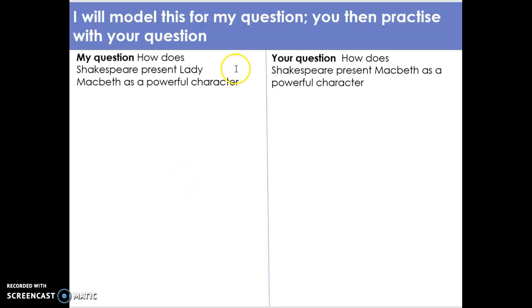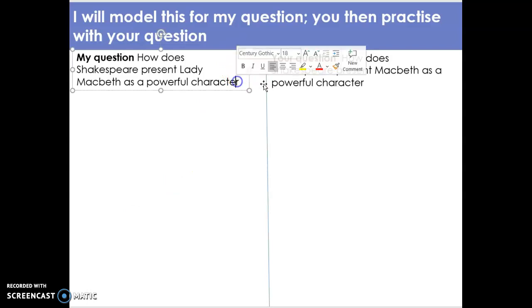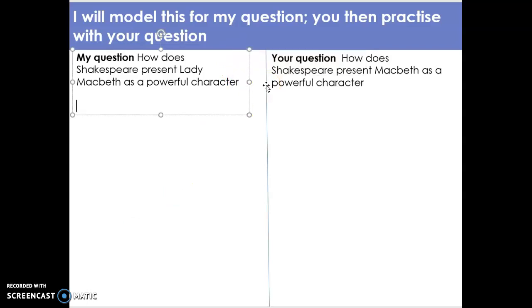Okay, so if we go back to our 2 questions then, obviously my question is still sat here on the left. How does Shakespeare present Lady Macbeth as a powerful character? So I shall model writing my 3 sentences, and then I'm going to ask you to practice writing your 3 sentences. So obviously I'm going to start with the words throughout the play.